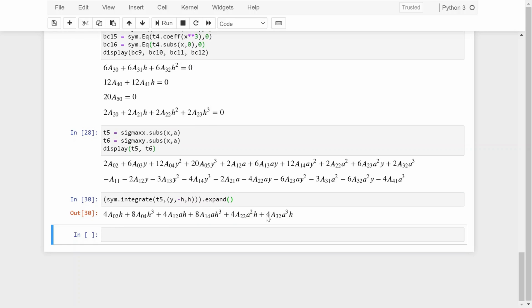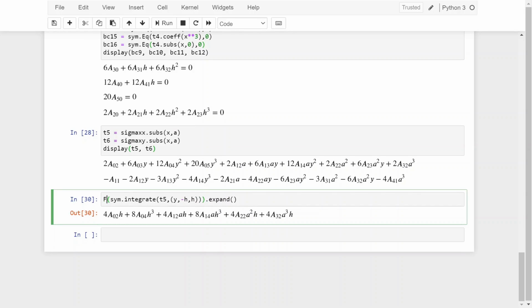Now this is nicely set up, and we'll set this entire integration equal to fx1. This fx1 basically denotes the axial force in the x direction, and we'll also have fx2 for x equal to minus a, so we'll do that later.